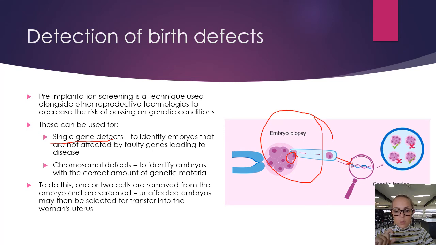So that from sort of a gene by gene basis, or it can also be used to look at chromosomal defects. So this is to make sure that there's the correct number of chromosomes to prevent conditions like Down syndrome. So once they do that, they can analyze the genes, they can look at a number of different embryos and basically select for the embryo that has no issues and then transfer that particular embryo into the woman's uterus.